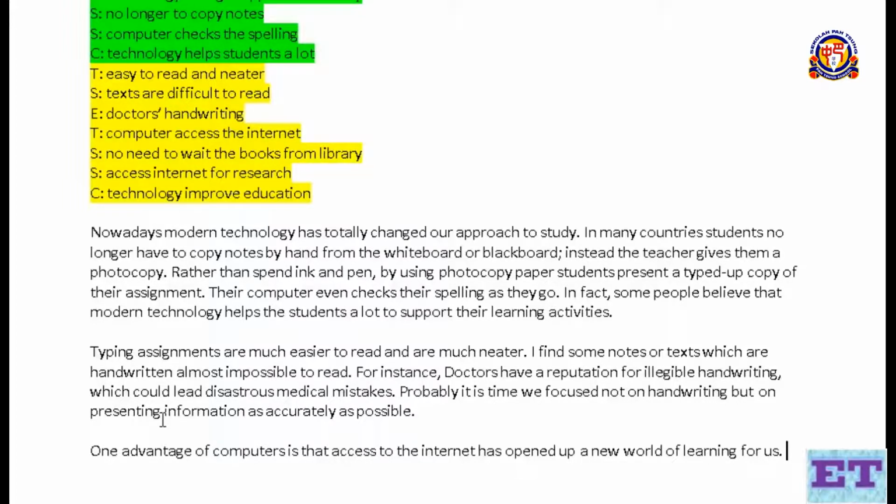Because here we don't need to wait for the books from the library.